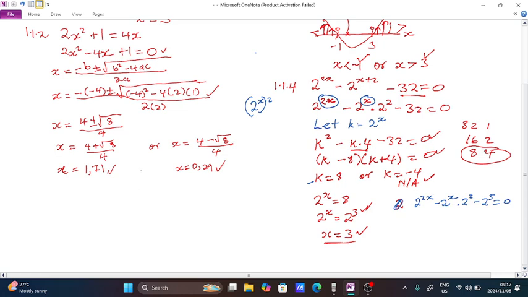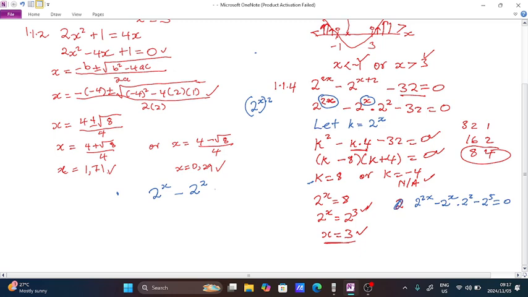Yeah, listen to something here. If we have 2 to the power x again, maybe minus 2 to the power 2 again, and then from there we have what?